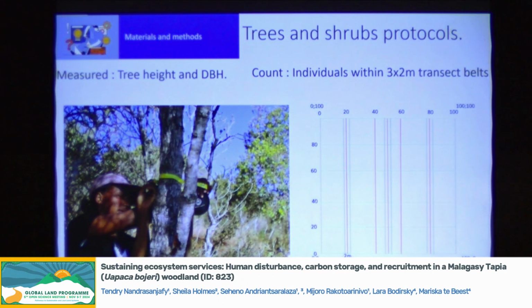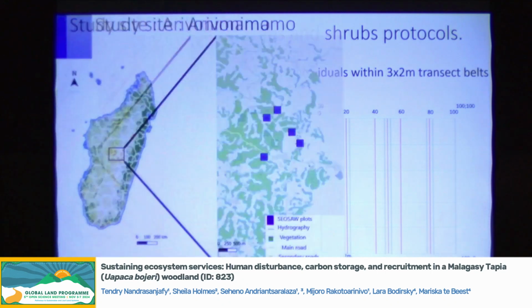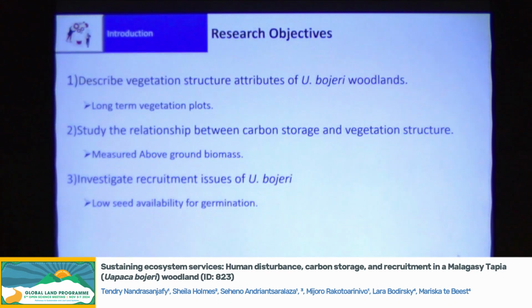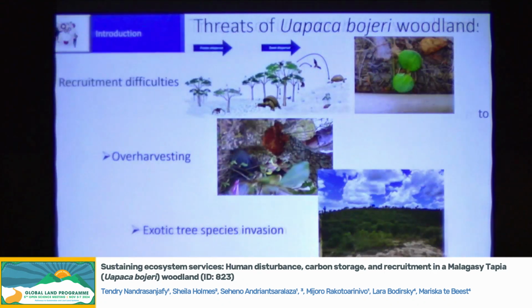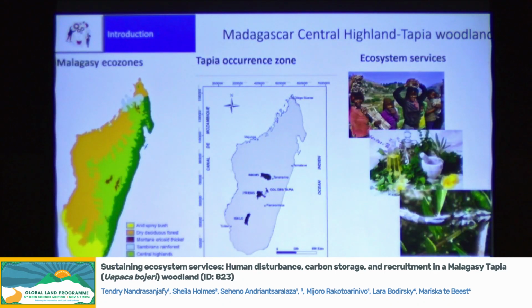Currently, this part of Madagascar does not yet have legal protection, but in some areas, in the two southern parts, in Ichim and Isal, they are already under protection. They are within protected areas.